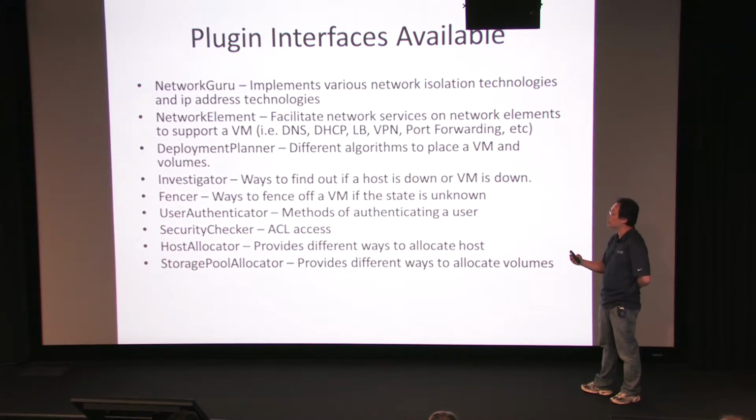We may not completely understand the technology deployed in the data center to investigate whether a VM has gone down. And there is being able to fence off the VM from accessing the network, hardware and disk before we can restart it.